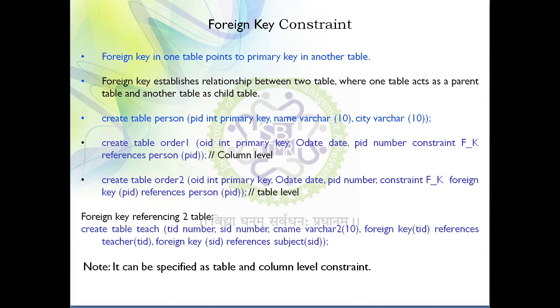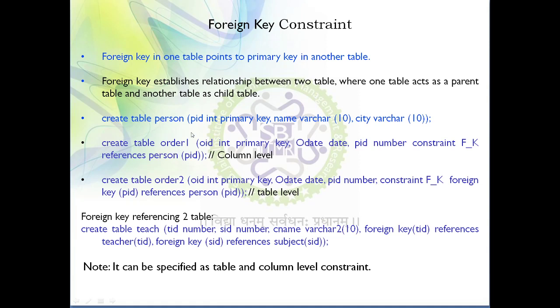A very important thing you should know: in case of a foreign key constraint, there is always a parent table and a child table. So two restrictions are put while using the foreign key constraint. What are those restrictions? Unless you enter data into the person table, you will not be able to enter data into the order table.